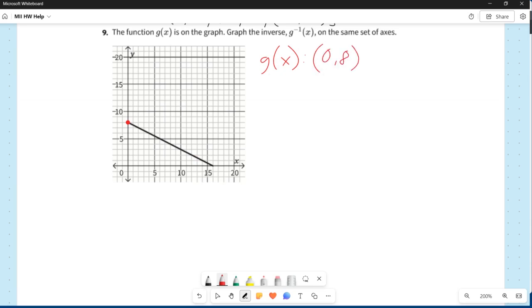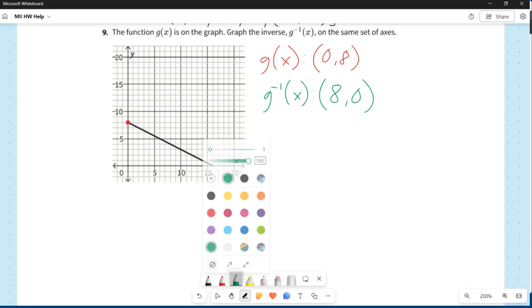Right? So our y-intercept. Well, what that means is that for g inverse of x, we would expect one of the infinite number of points on this line to flip the x and the y. That's what an inverse function does. So we would expect 8, 0 to be on our inverse graph.